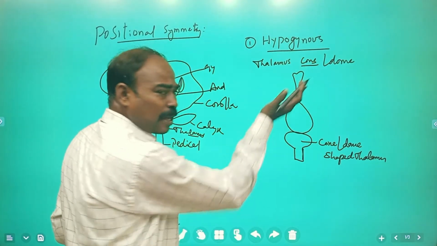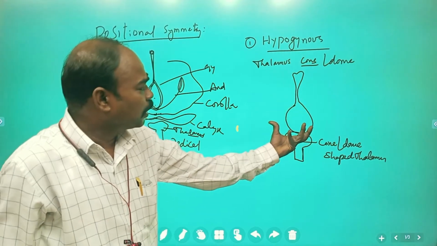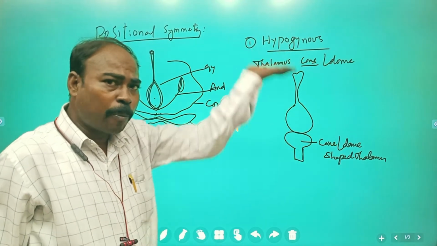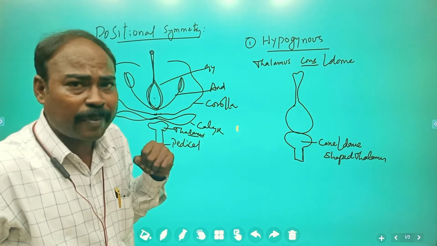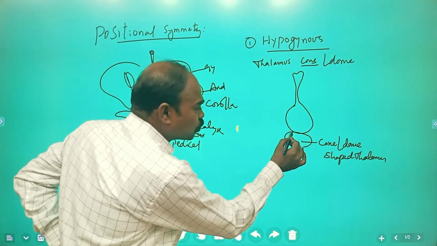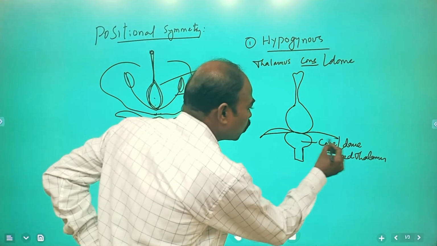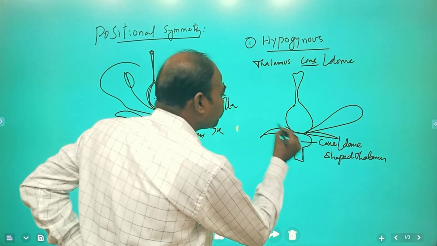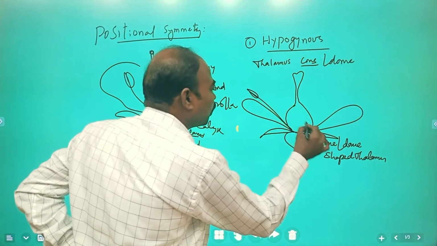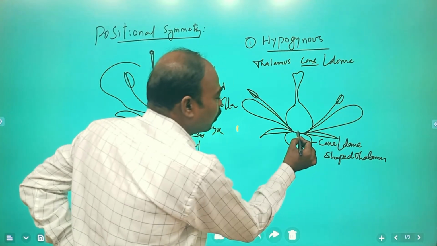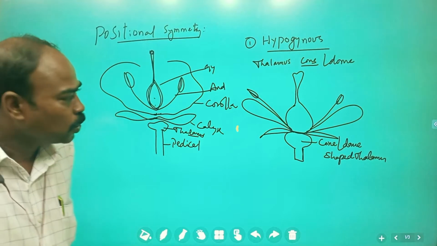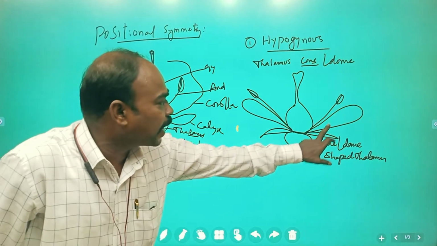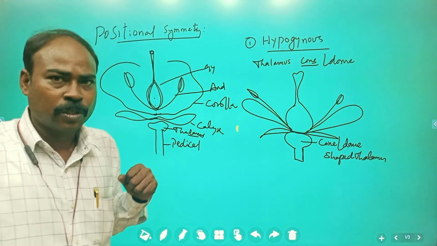So on the thalamus, the gynoecium occupies the topmost position. What are the remaining floral whorls? Calyx, corolla, androecium develop from the base of the ovary.